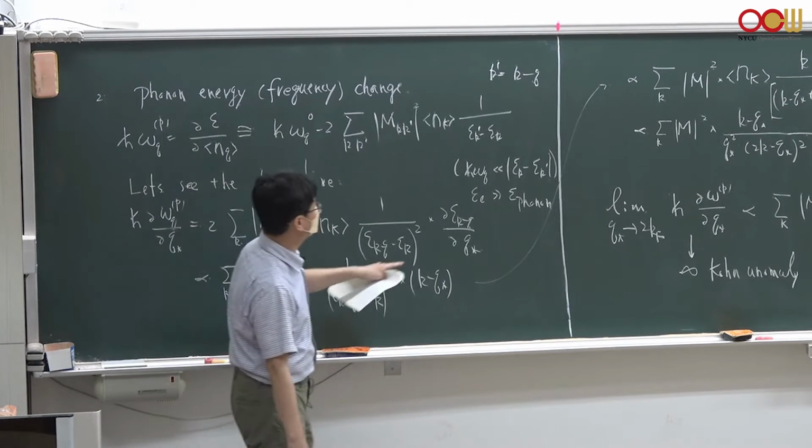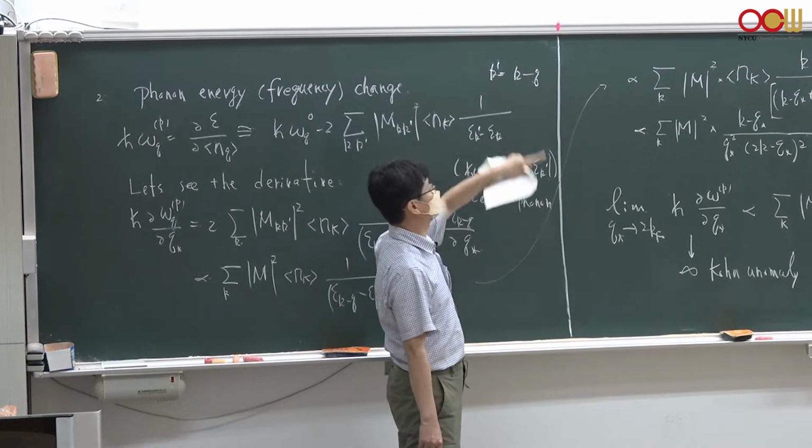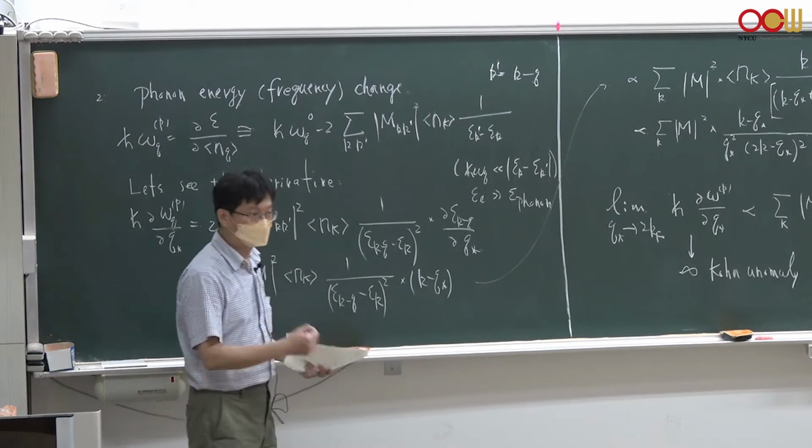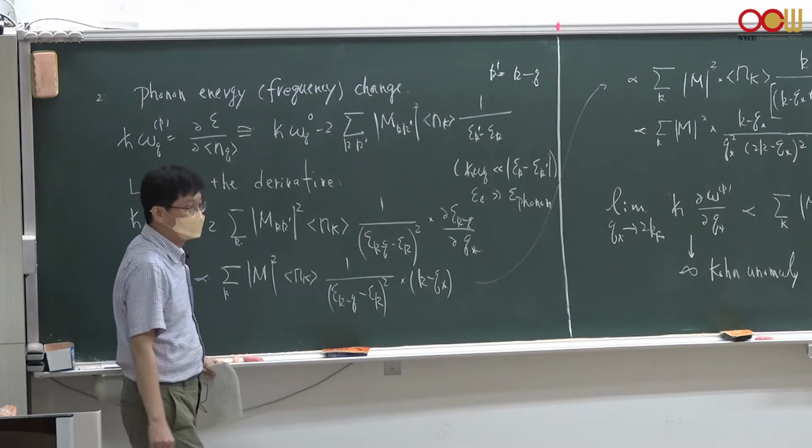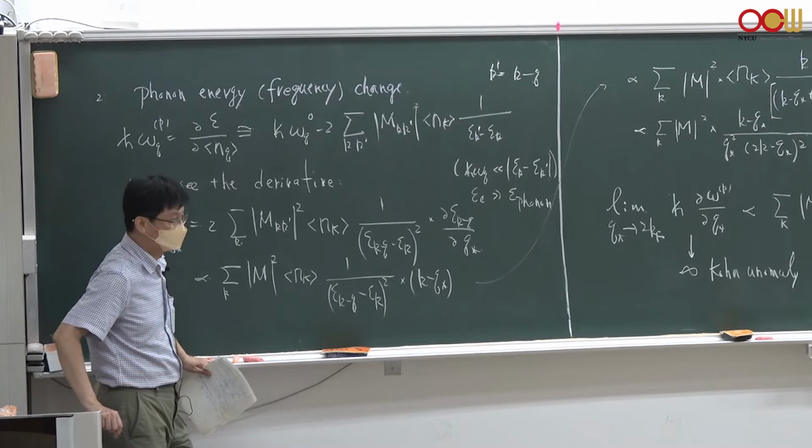And remember, this q is given by k minus k prime, which is the momentum transfer between these two electrons at different momentum.